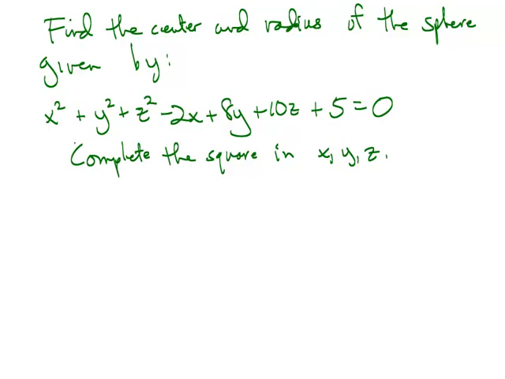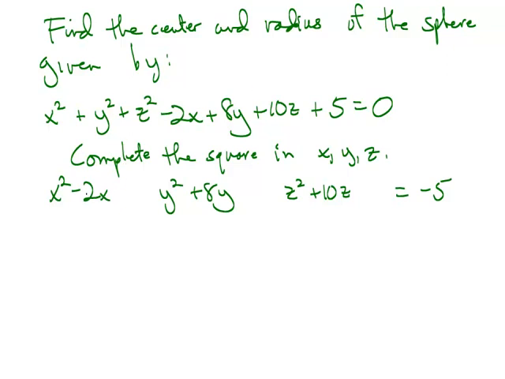So I'm going to rewrite this, grouping my variables together. So x squared minus 2x, leave some space. y squared plus 8y, leave some space. And z squared plus 10z, leave some space. I'm going to go ahead and throw this 5 on the other side, equals -5. Now, remember how to complete the square. What we do is we cut the coefficient on the linear term in half, square it, and add it.